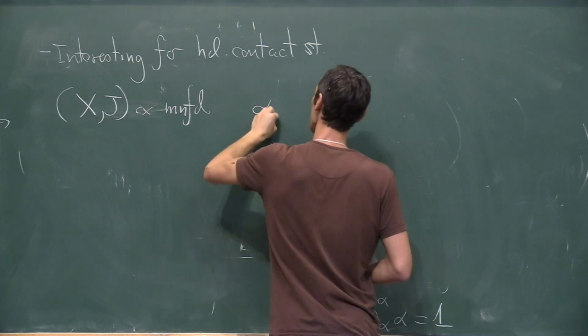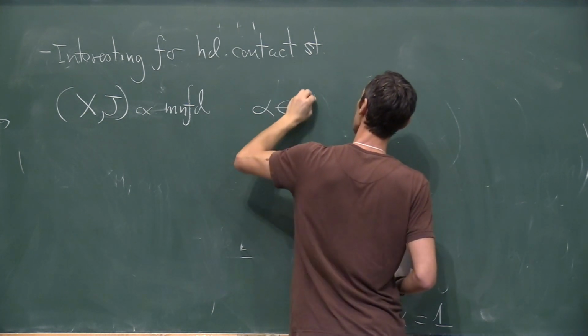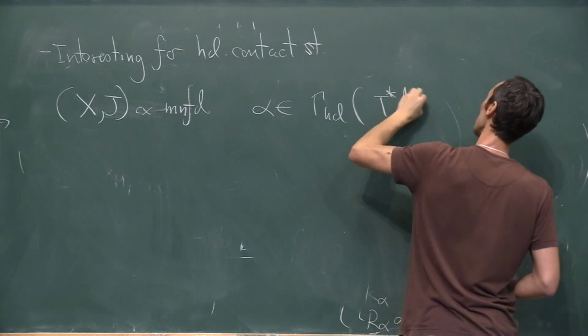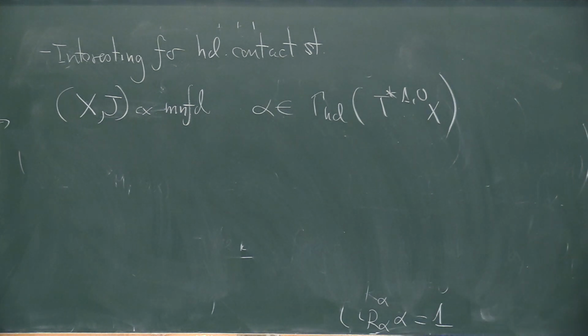Basically by taking a holomorphic section of T star 1,0, a holomorphic one form which is nowhere vanishing and satisfies the maximal non-integrability condition.